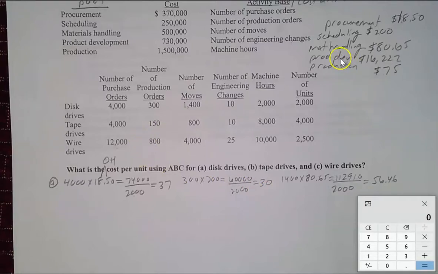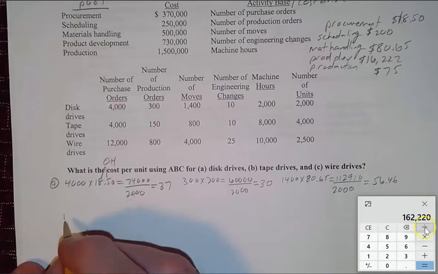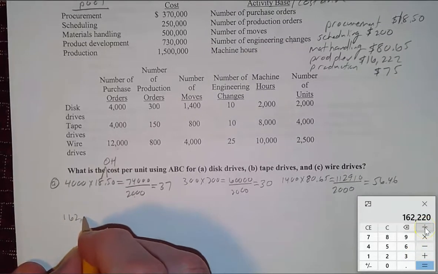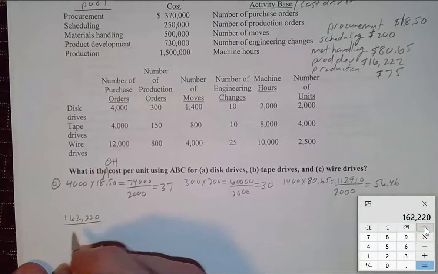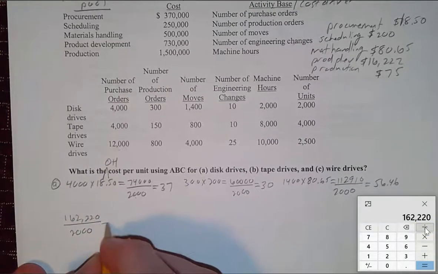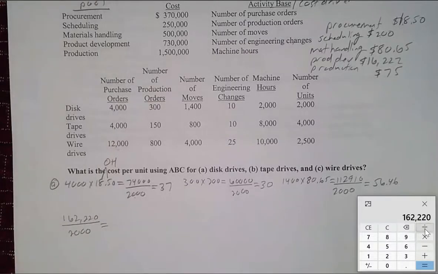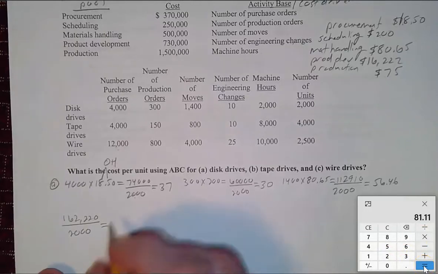Okay, so we also have production development at $16,222 per engineering move, and we're going to multiply that figure times 10 because we had 10 engineering moves. So divided by the number of units, 2,000, 81.11.